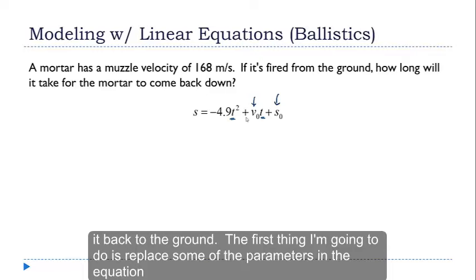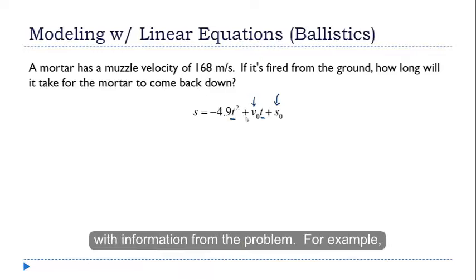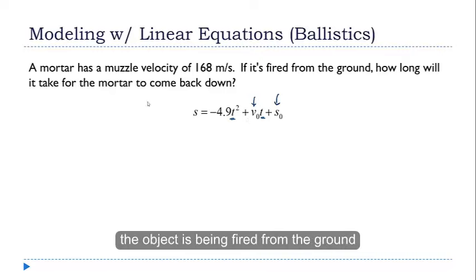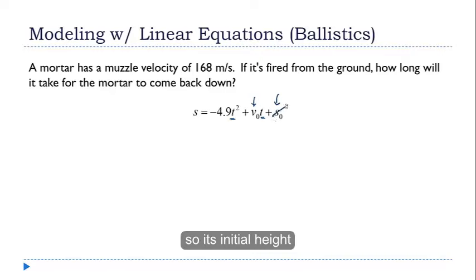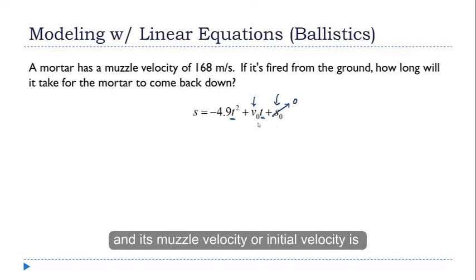and we want to know how long it's going to take for it to make it back to the ground. Now, the first thing I'm going to do is replace some of the parameters in the equation with information from the problem. For example, the object is being fired from the ground, so its initial height is 0, and its muzzle velocity or initial velocity is 168.